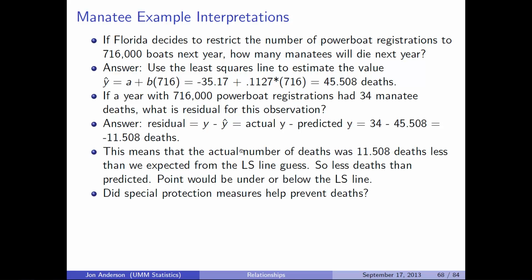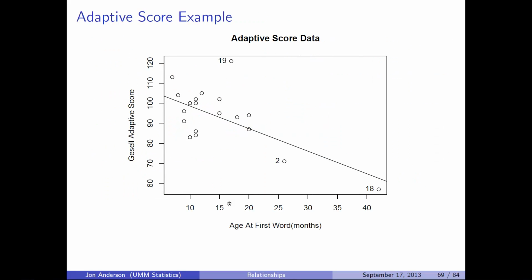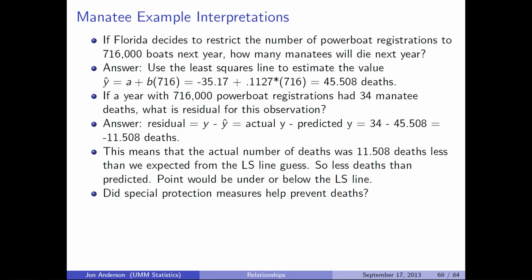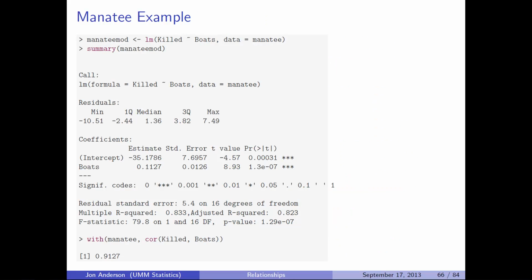And that means that the actual number of deaths was about 11.5 under the line, less than what the line suggested. Is this unusual? This was under the situation of special protection measures and speed limits and protection for manatees. Did this intervention seem to help?